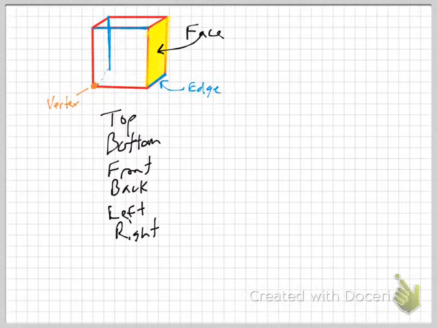Do you see where at least 2 edges meet here? Like this edge right here. Let's see, what color can I use now? We'll use green. This edge and this edge here, they meet at the vertex. Where the 2 green edges meet is called the vertex, right? Where 2 edges meet is a vertex.